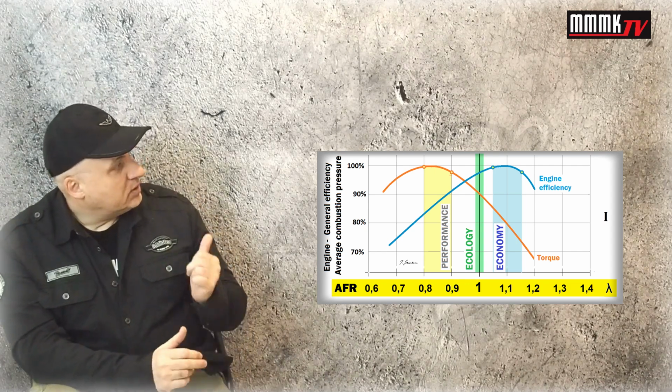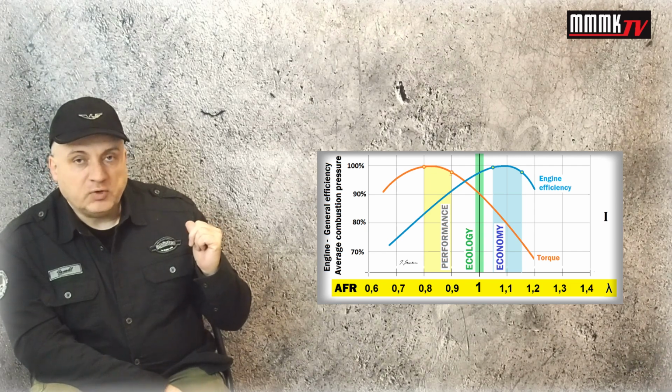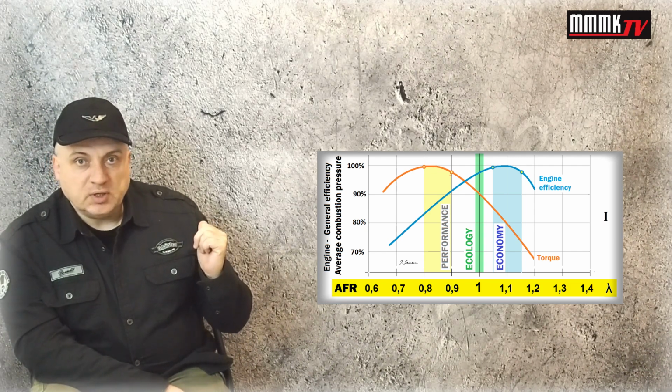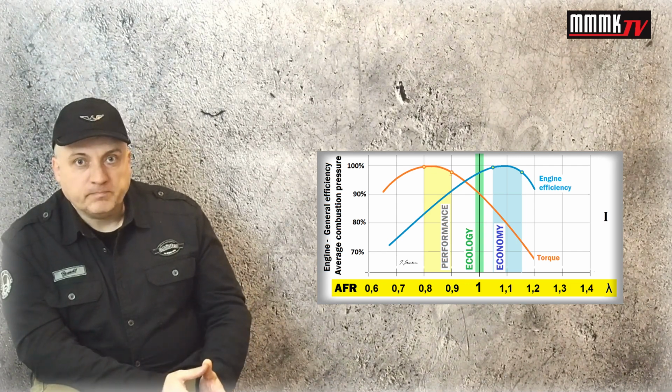Why do we have the highest torque, the highest engine performance, for lambda 0.8, 0.9 instead of for the ideal proportion, lambda 1?